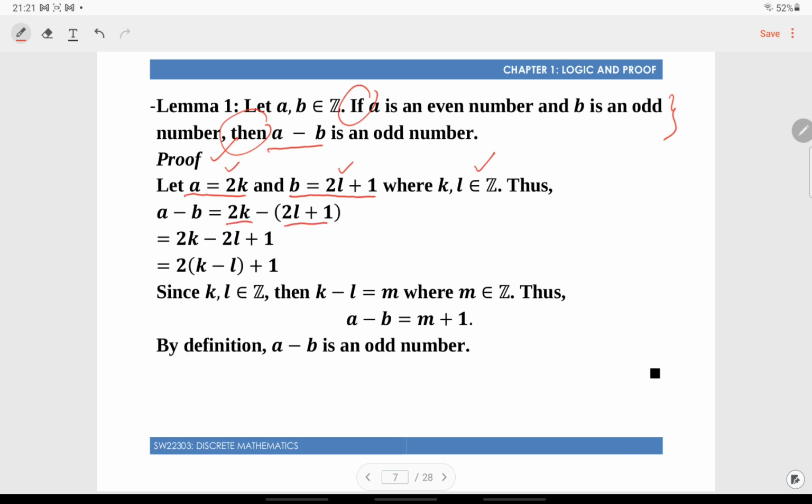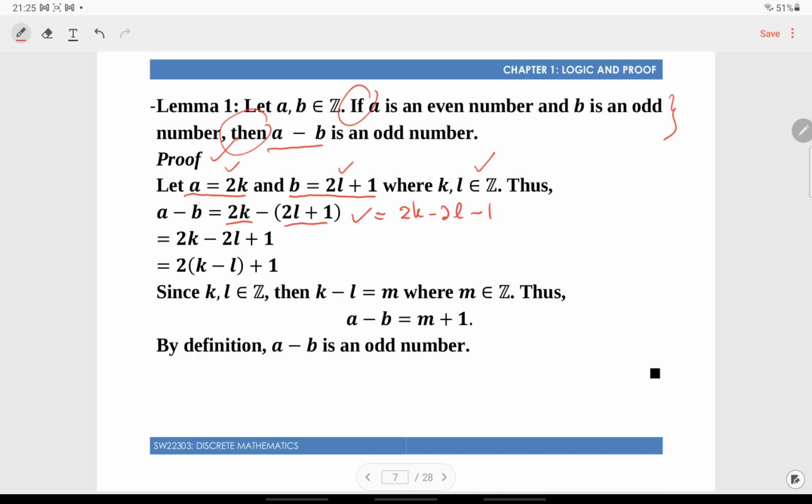We substitute the value for a and also the value for b, then we expand this expression and eliminate the parentheses. After we expand, we have 2k minus 2l minus 1.